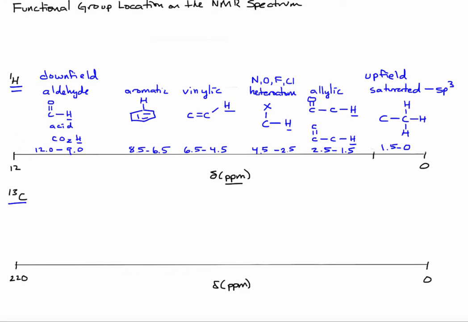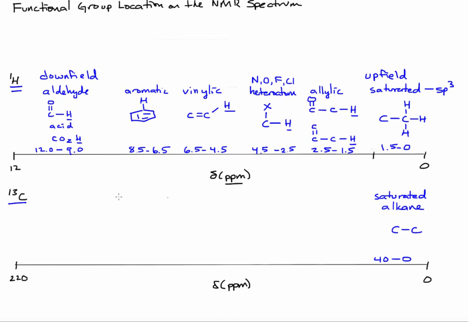So let's start down in the upfield region here. So these are going to be the saturated carbons. So we're looking at the carbon functionality now. So a typical sp3 hybridized carbon in an alkane. So these you'll find in the range from 40 to 0 parts per million.